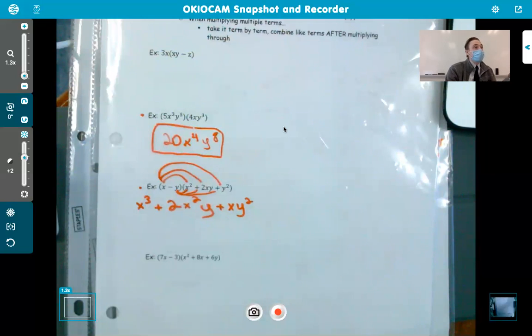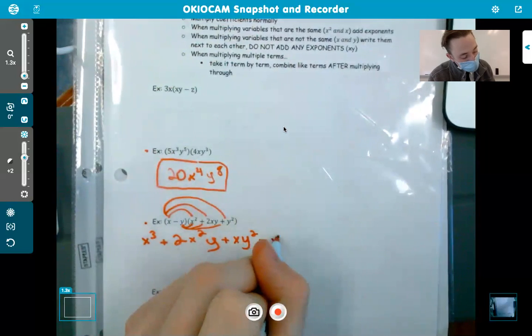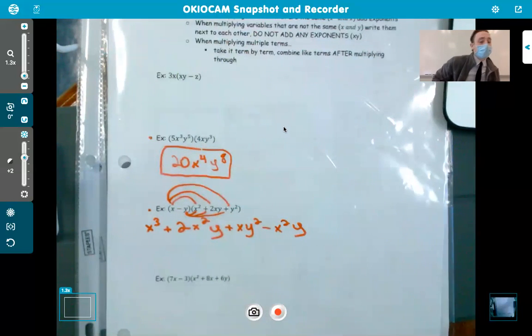Are they the same variable? No, right? It's x and y. So if they're not the same variable, we just write this as negative x squared y. You can't combine anything. You can't add exponents or anything like that. So you just write it as is.